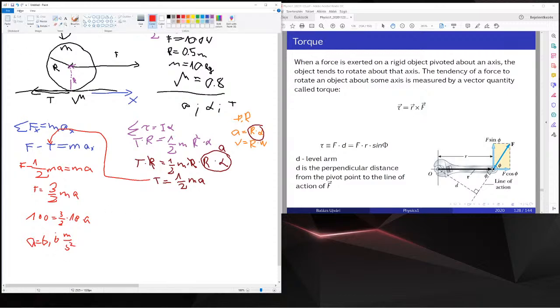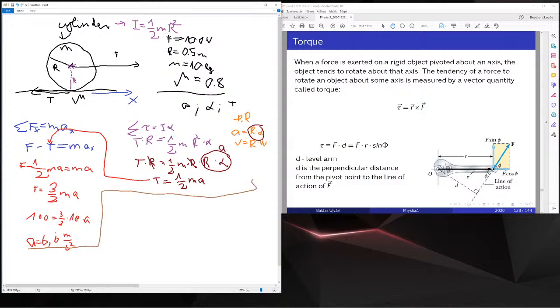Since we know it, next step, go back with this a here. 6.6 equals 0.5 times alpha. So we only have to multiply it by 2. So alpha equals 13.3. This is 1 over s square.